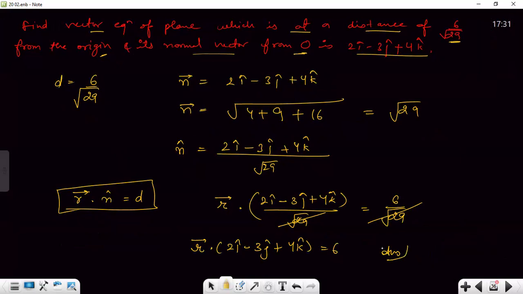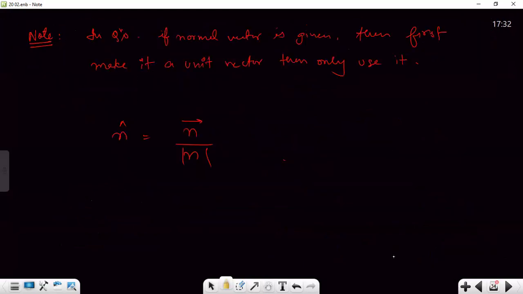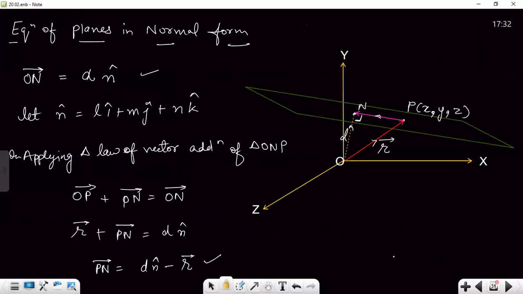That is our answer, which is the equation of the plane in vector form. So this is how we utilized the concept that we have learned, the equation of plane in normal form.